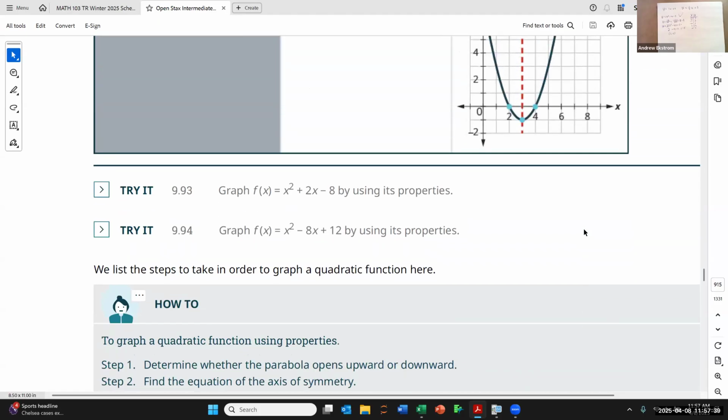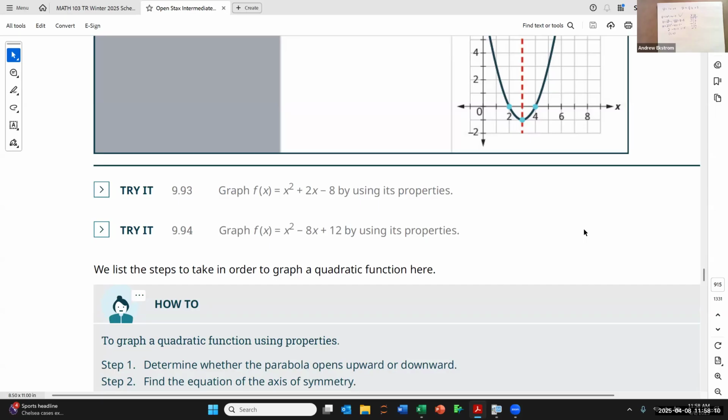So here are more things here. Graph f of x based on its properties. Some of it is grabbing a bunch of values of x, plugging them into the equation, or into the graphing feature of your calculator, and graphing it. You can also look at it and try to figure out what the axis of symmetry is going to be and where the vertex is going to be.